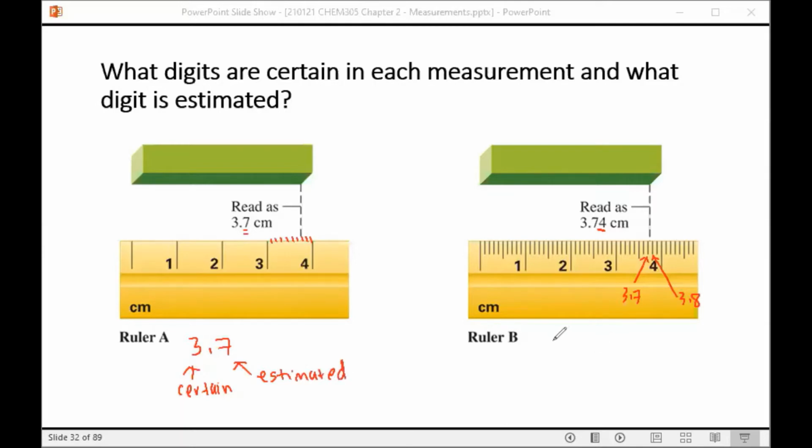In the second ruler, our measurement was 3.74. Both the 3 and the 7 were certain because they were based on graduations or markings on the device. And the 4 was our estimated digit.